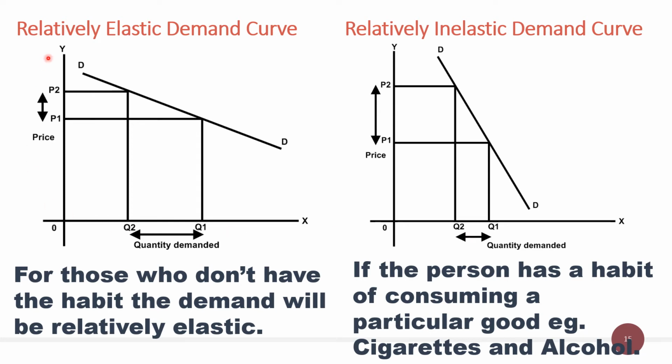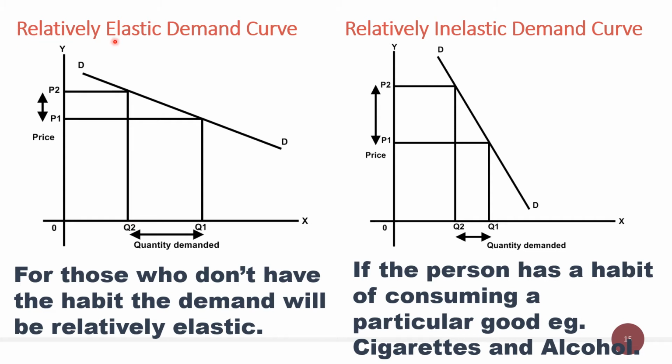But for a person who doesn't have a habit, his demand for goods will be relatively elastic. A slight change in the price will bring about a big change in demand for the simple reason that the person doesn't need it, because the person doesn't have the habit of consuming that particular good. So for those people who don't have a habit of consuming any particular good, their demand for such goods will be relatively elastic.